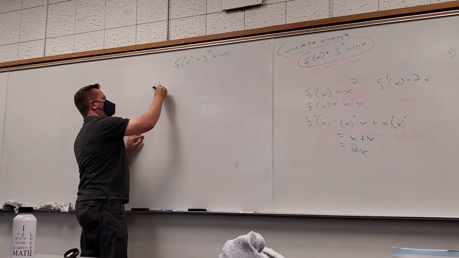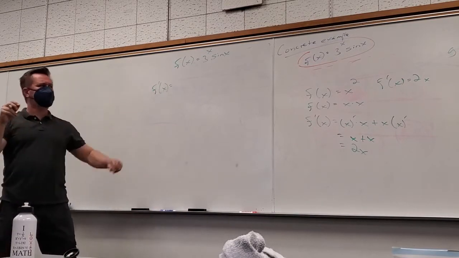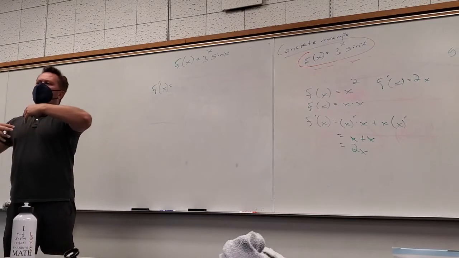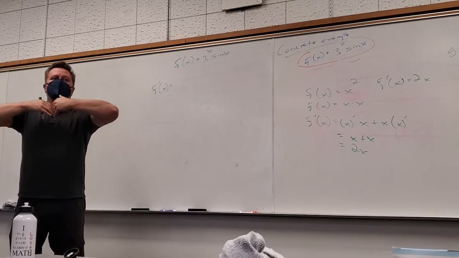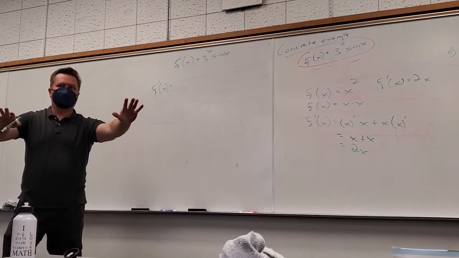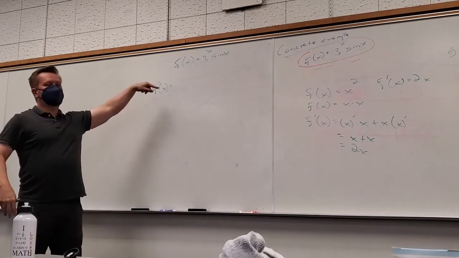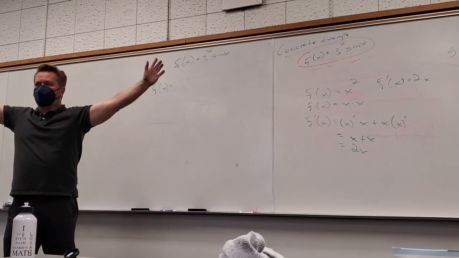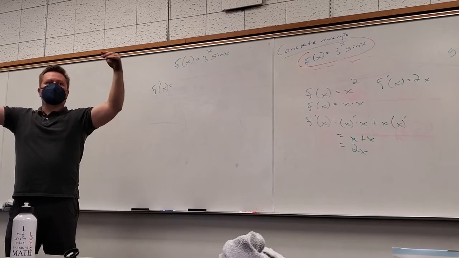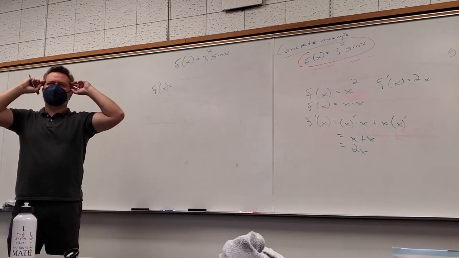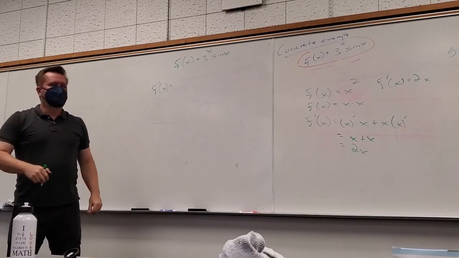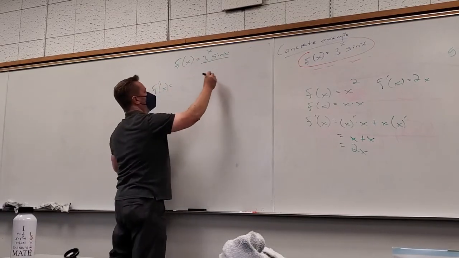What I want you to get really used to, even if it's really simple functions, is to write the rule. What do I mean by that? The first step, I'm not going to take any derivatives. I'm going to do the derivatives next. I'm not trying to do too much at once in my head. What does the rule say?